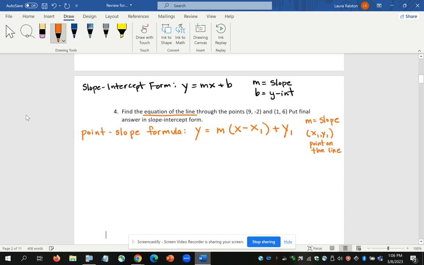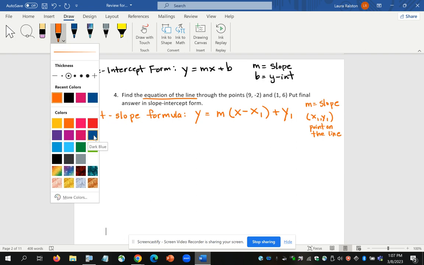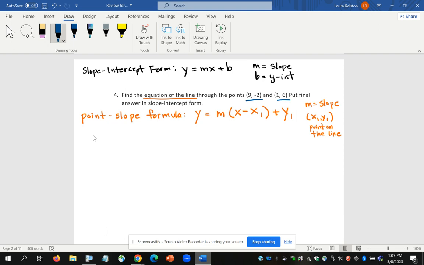Now, one of the challenges you have in this particular problem is that you are given 2 points. It doesn't give me the slope, but with 2 points, I can calculate the slope of the line. So I have to first find the slope of the line.